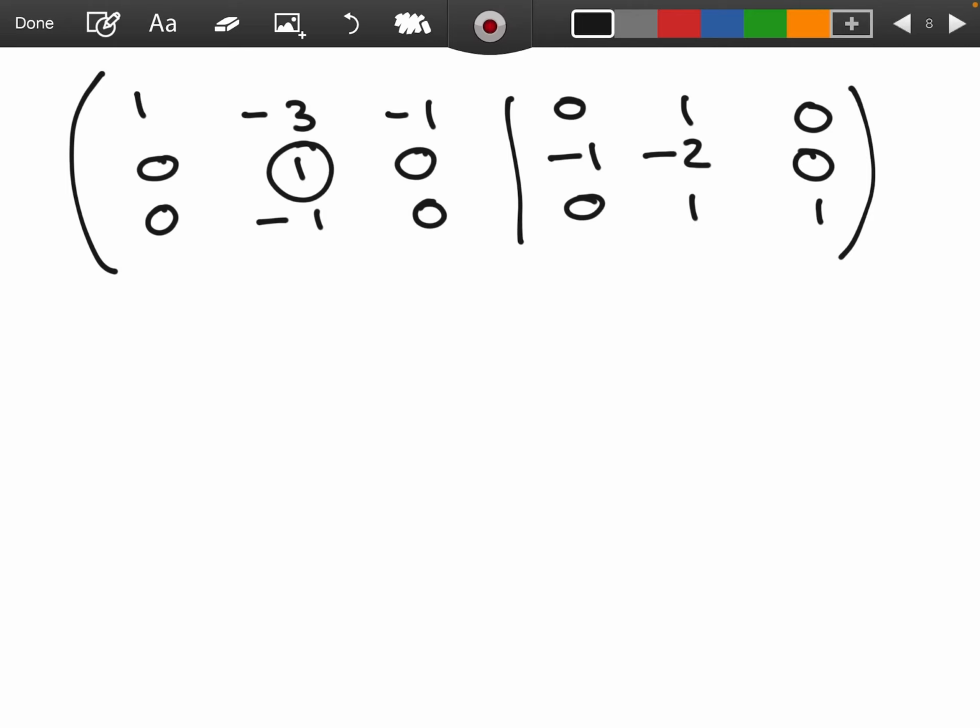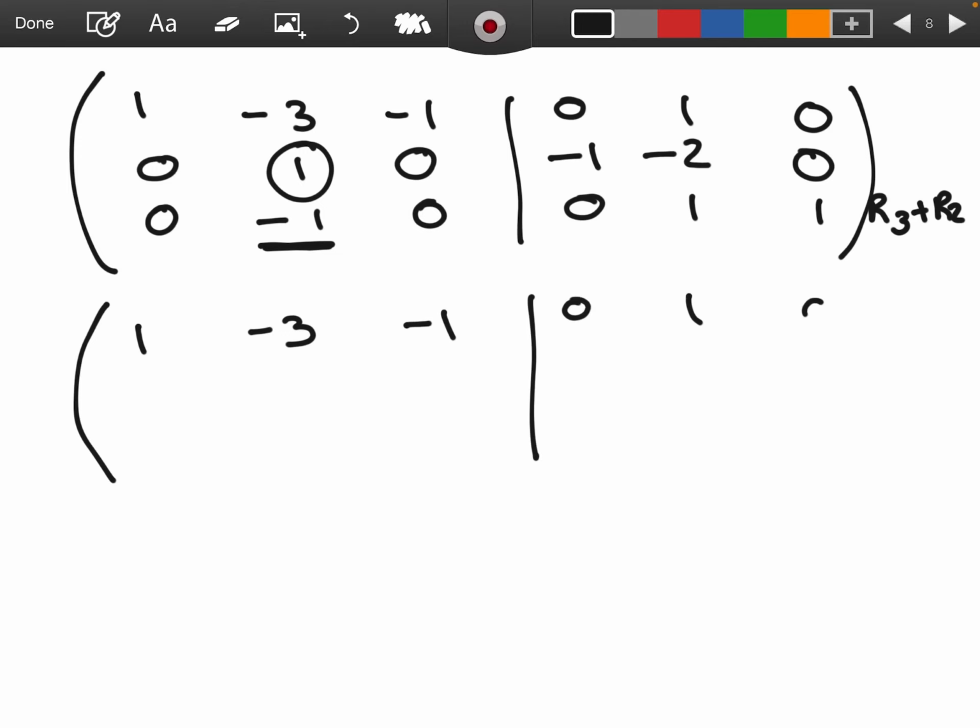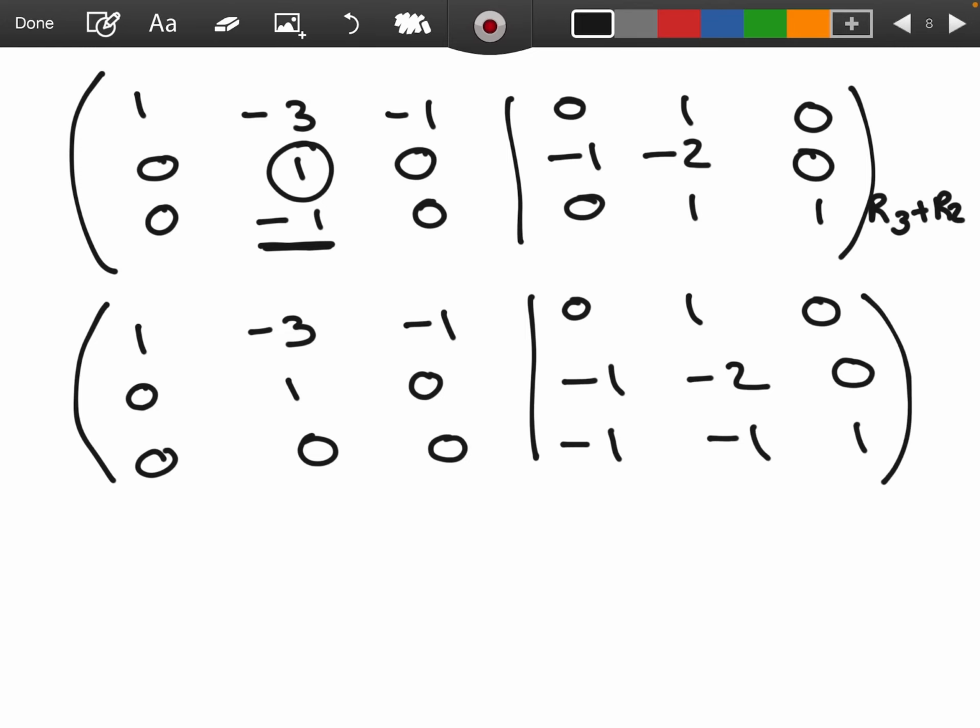And at this point I have a pivot in this position, it's a 1, I now make the value below it a 0, so I'm going to add row 2 to row 3, and that's going to give me a 0 in that position. And I get to this point.